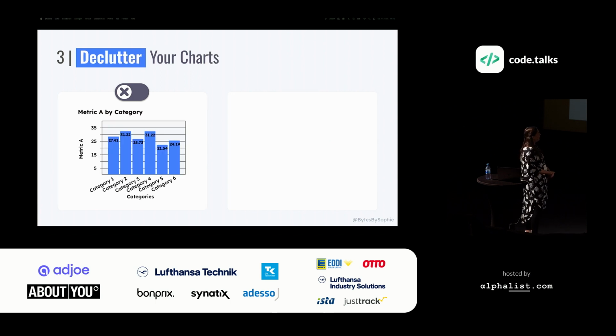Now to my third tip, and probably my favorite tip, is declutter your chart. You can also say remove the chart junk. That's a common term in the data viz community. There are elements in this chart that do not transport any information, the same as the color I just talked about that didn't convey any additional information or insight.